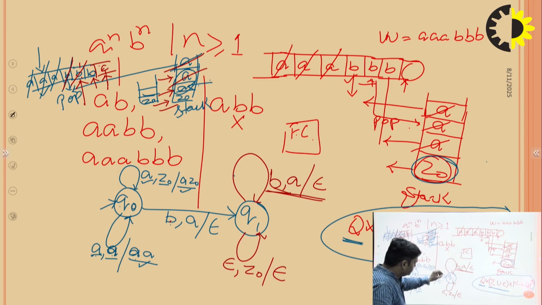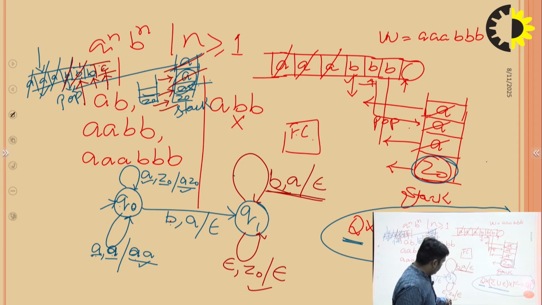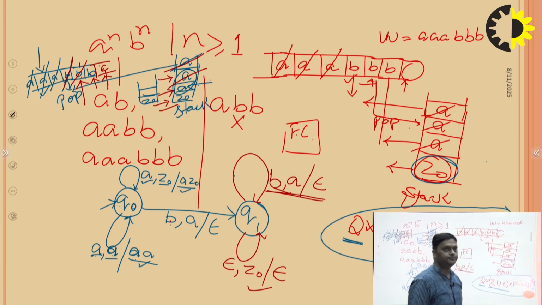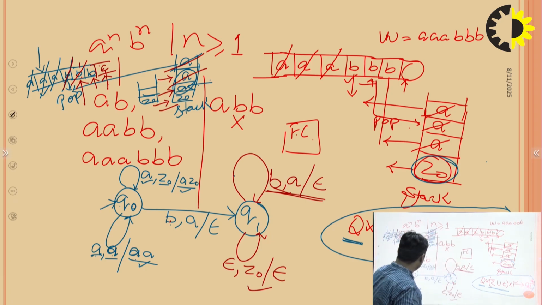Then we get this PDA where the string a to the power n b to the power n is accepted. This is a PDA for this.